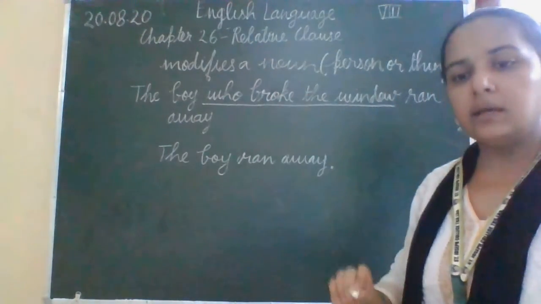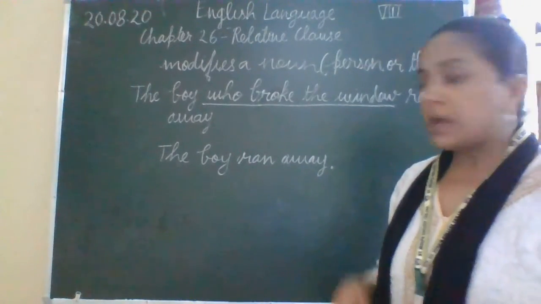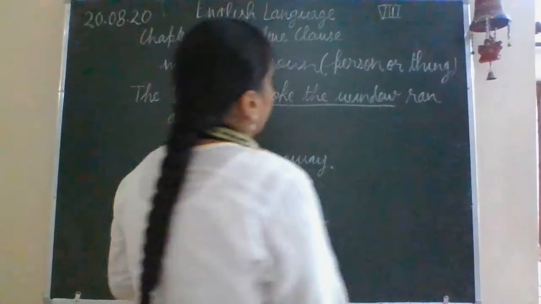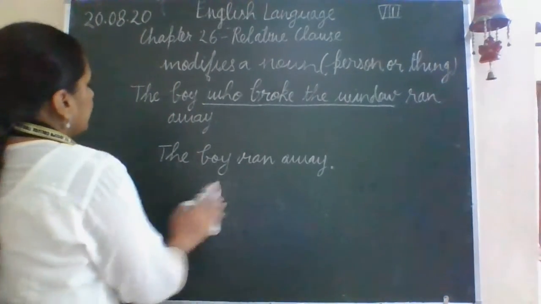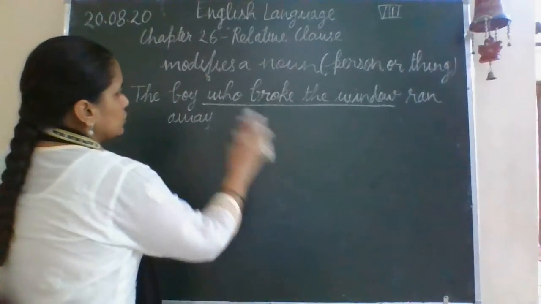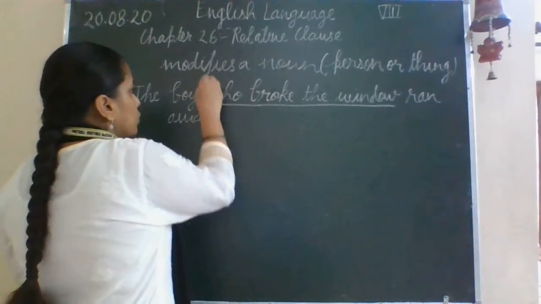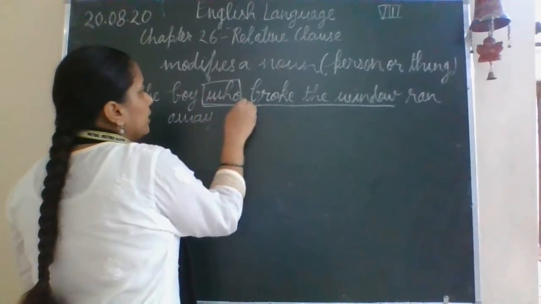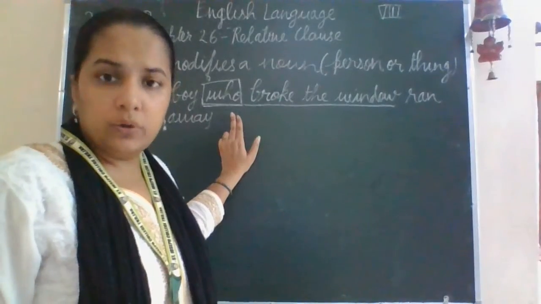That's why here it is a relative clause. Now, whenever we are talking about the relative clause, we always use the relative pronoun. The word who here works as the relative pronoun.